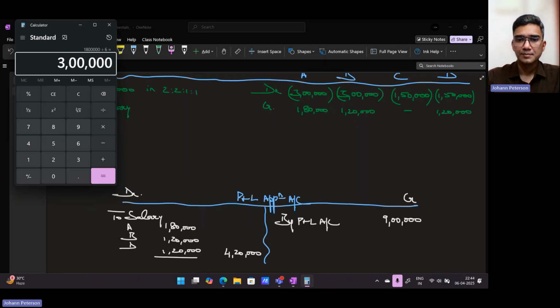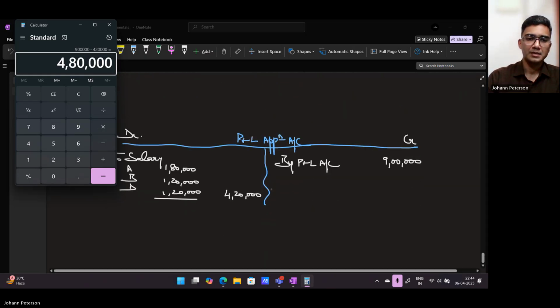So 9 lakh, 180 plus 240, 420, correct. So 9 lakh minus 420 gives us 480.